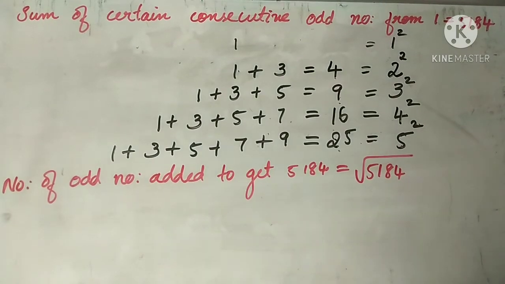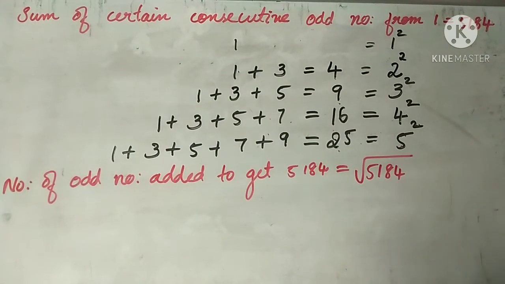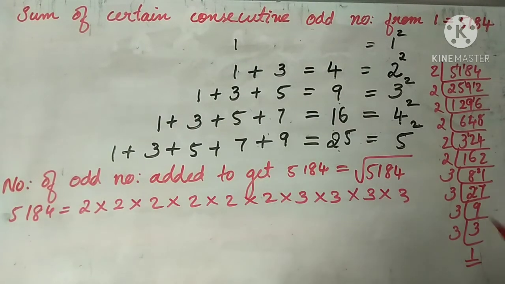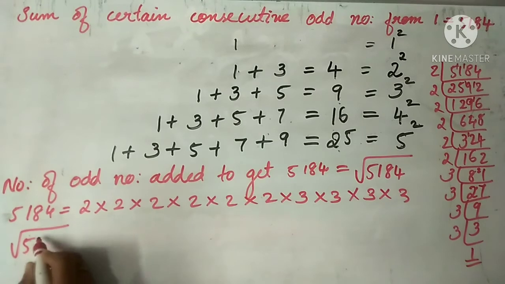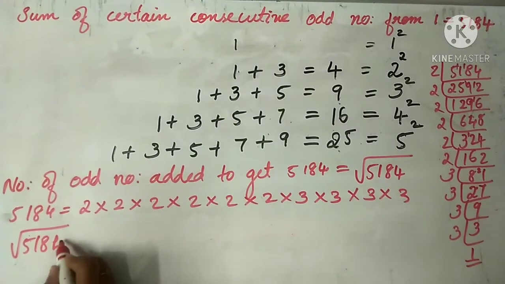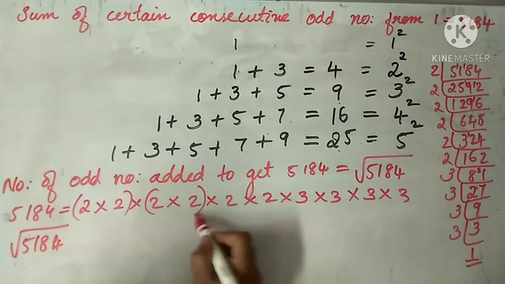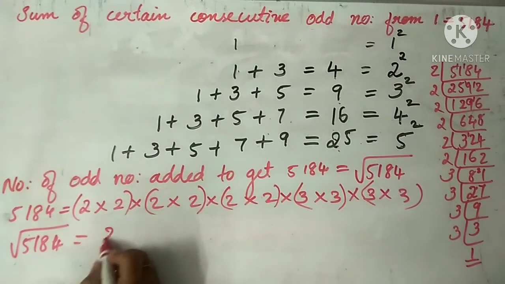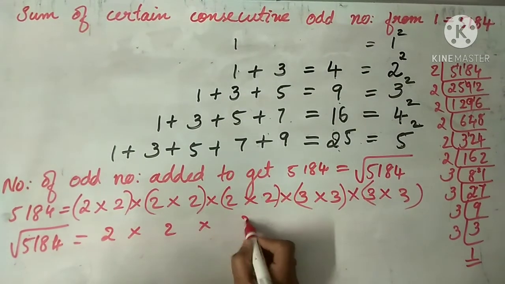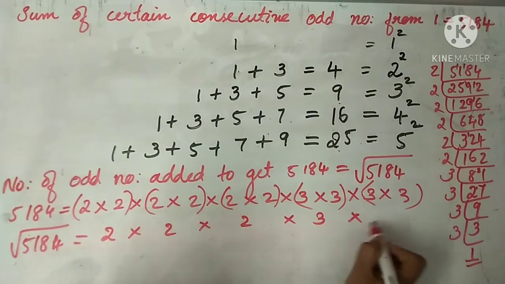To get the square root of 5184, we can factorize 5184. When we factorize 5184, we get the factors like this. So, to get the square root of 5184, we will pair the factors like this and take 1 from each pair. That is equal to 2 into 2 into 2 into 3 into 3.